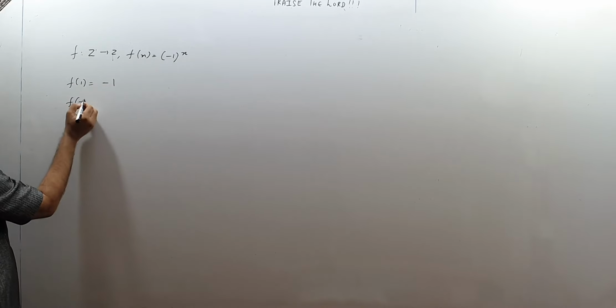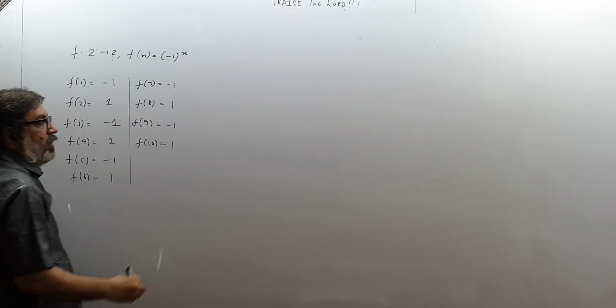Minus 1 raised to 2, 1. What about f of 3? Minus 1. What about f of 4? 1. f of 5 will be minus 1. f of 6 will be 1. f of 7 will be minus 1. f of 8 will be 1, f of 9 will be minus 1, and so on.